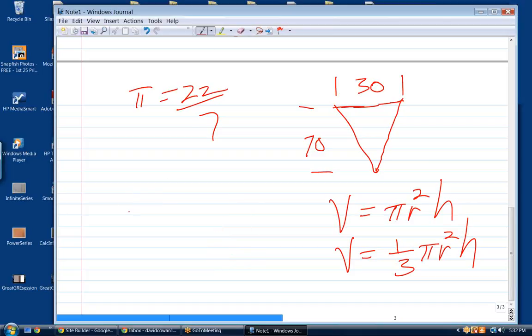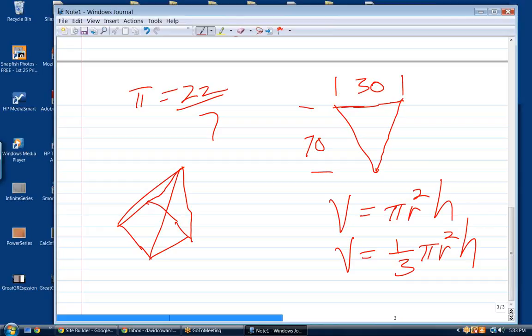In other words, if I have an object that is a square pyramid and goes up to a point, my volume is 1/3 of what a rectangular brick of that same height would be. So the essence is that when you bring stuff to a point, you lose 2/3 of the volume.